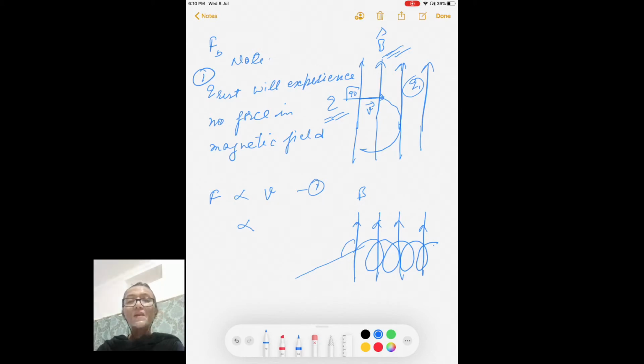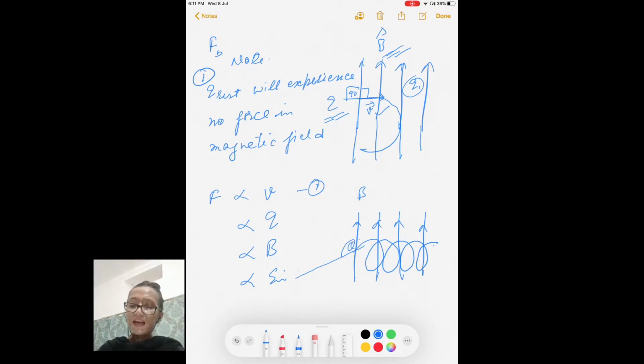And obviously force, if you put some logic, you will find that greater the charge, greater is force. Force is proportional to charge also. And force is, similarly you can find, proportional to magnetic field. And here you can see, changing angle, the way of experiencing force is changed. So force is also found to be proportional to sine of angle between velocity of charge and magnetic field.